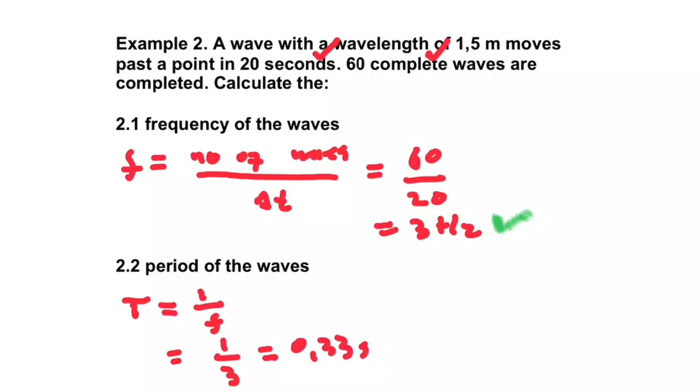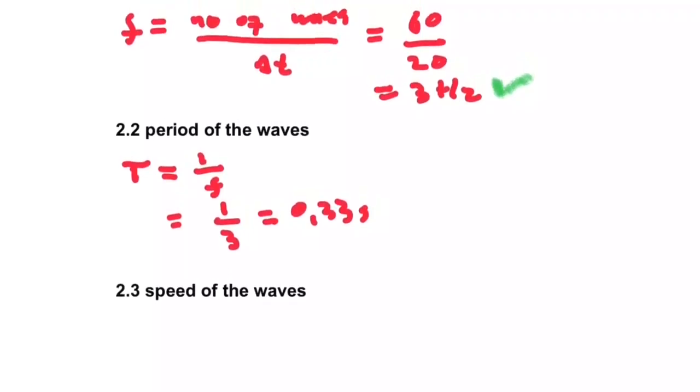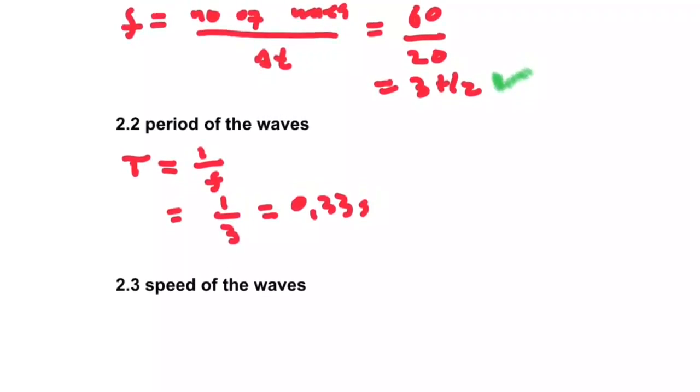So this is the amount of time taken to complete 1 wavelength, the time taken for 1 wavelength to pass a given point. 0.33 seconds.